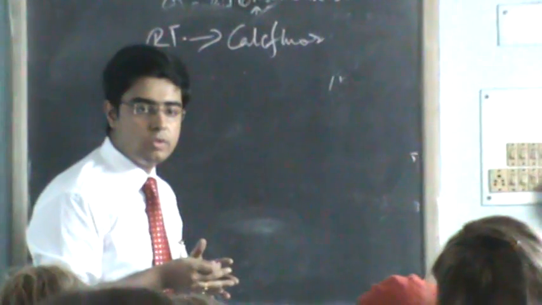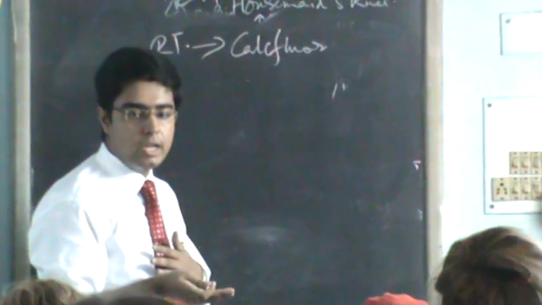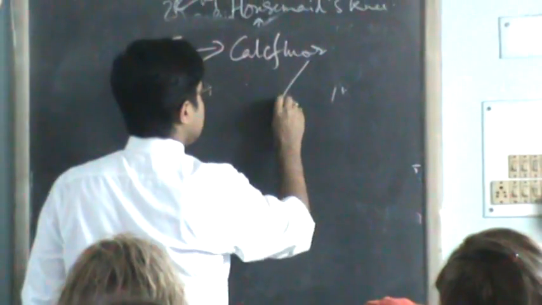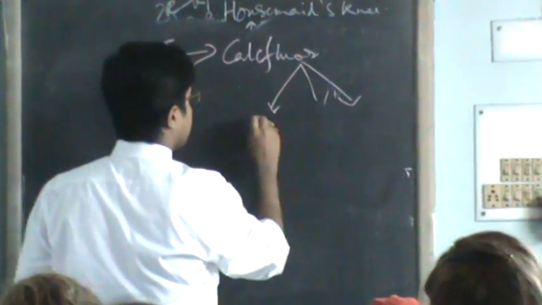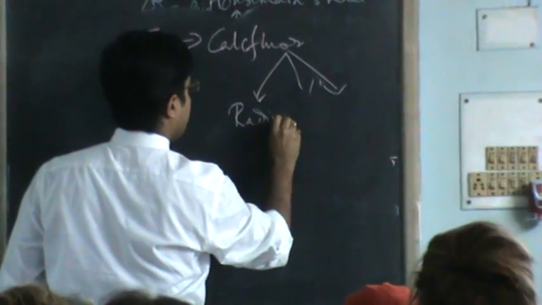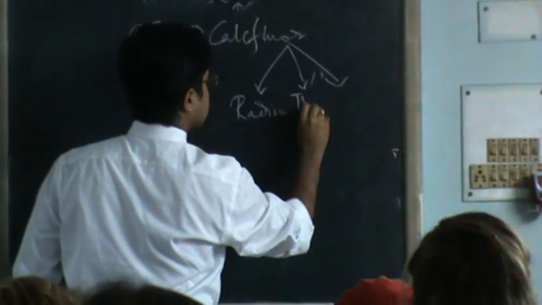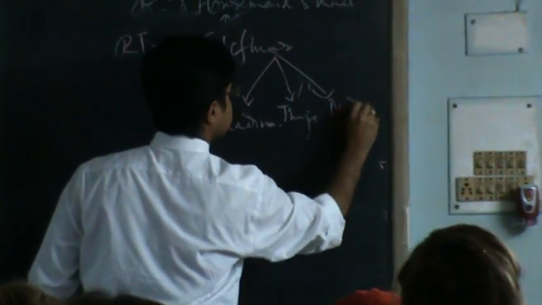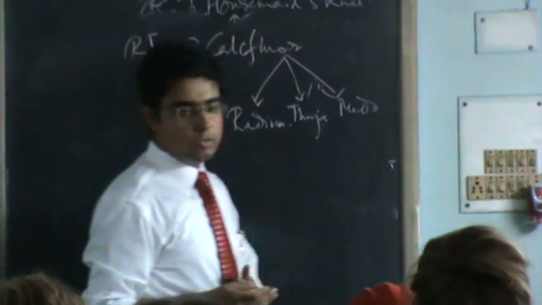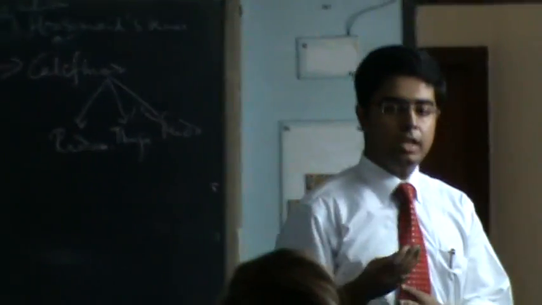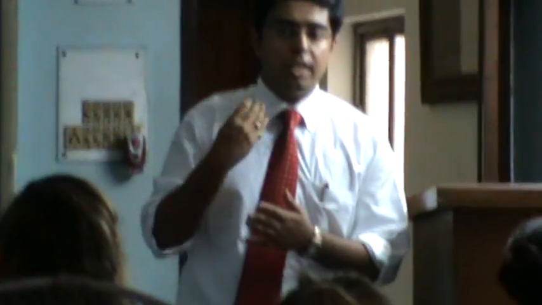You start the case with Rhus tox, then you can go to Calcarea fluorica, and then three medicines come up: Radium, Thuja, and Medorrhinum. You started the case with Rhus tox, then you went to Calcarea fluorica, and last but not the least, an antimiasmatic medicine, which can be Radium, Thuja, or Medorrhinum. This chain of medicines is very important whenever you start the case with Rhus tox.